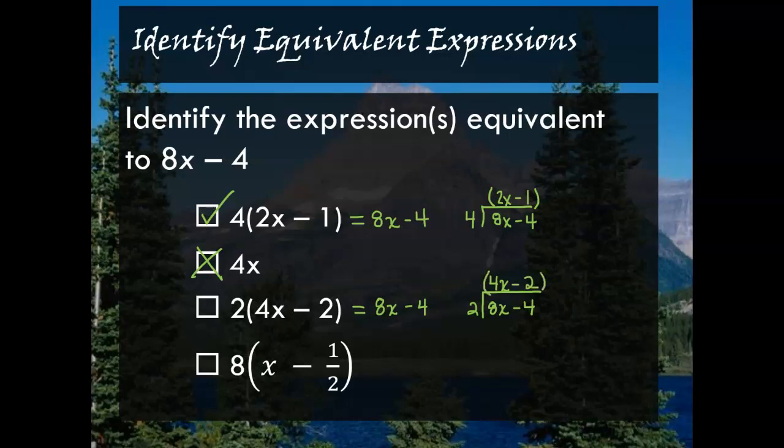Our final expression is also equivalent because 8 times x is 8x, and 8 times 1/2 is 4. If we wanted to, we could also prove equivalency by factoring. 8x divided by 8 would be 1x. 4 divided by 8, or 4 over 8, is 1/2.